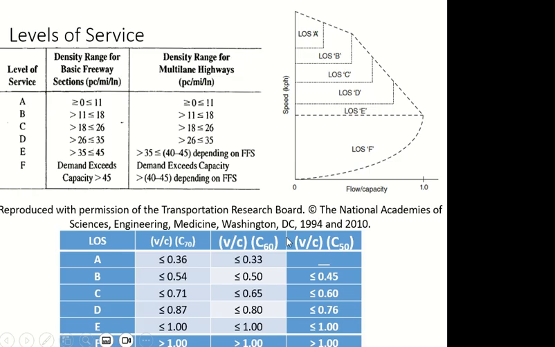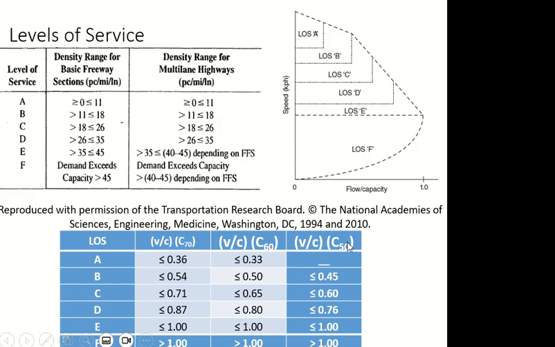This is another way of finding out the level of service, using the volume upon capacity ratio. In the earlier method they find the level of service only using density. Here they are using the V by C ratio. This is for a highway with 70 miles per hour speed, this is for 60, this is for 50.